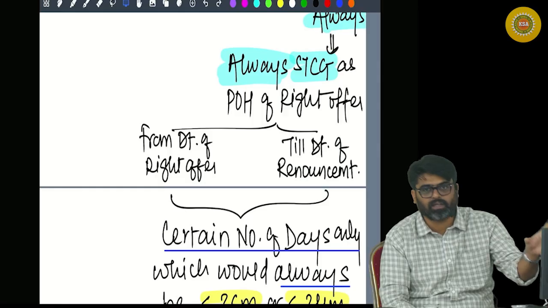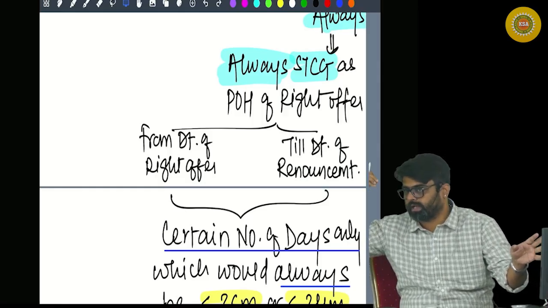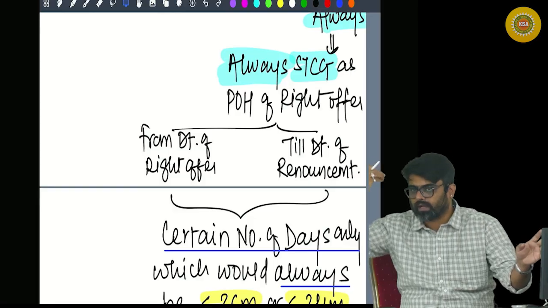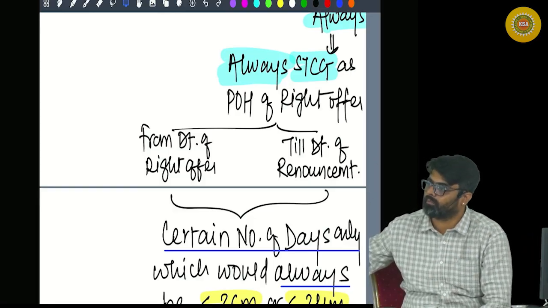So whether you check 36 months or 24 months will not make any difference, because this will be a certain number of days.